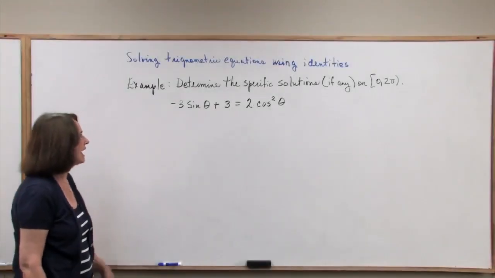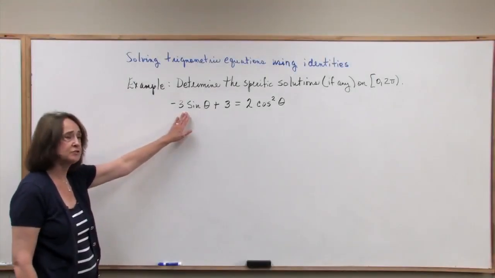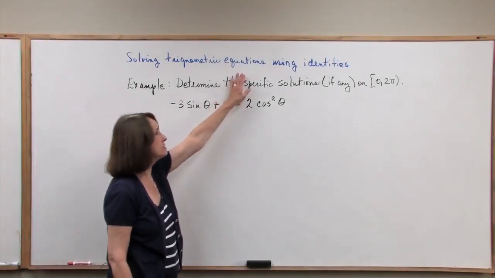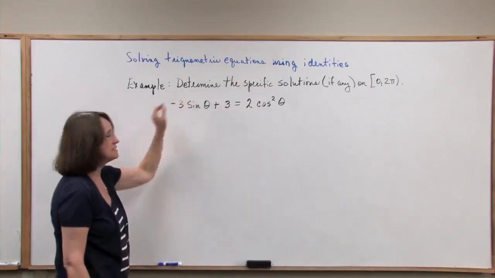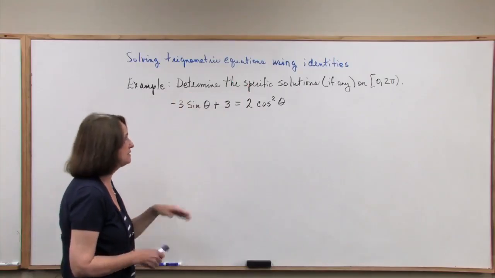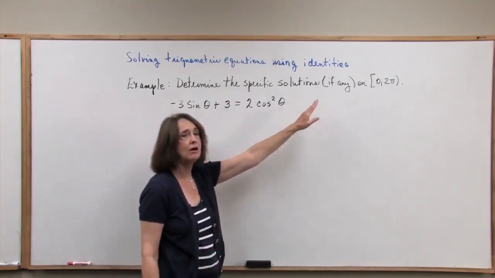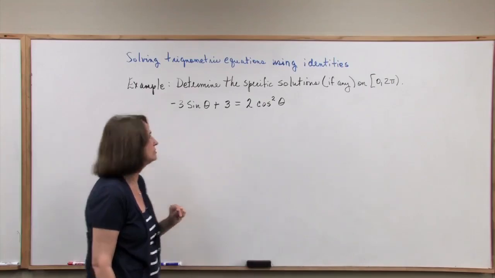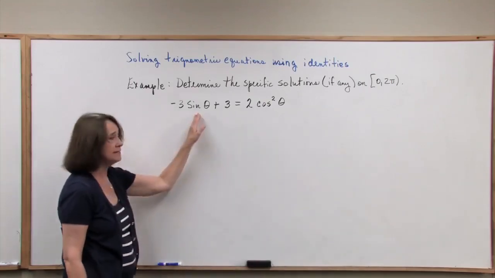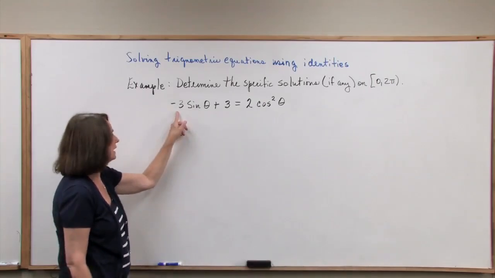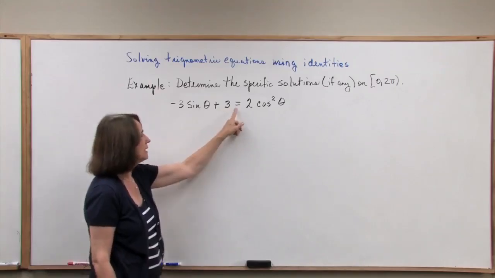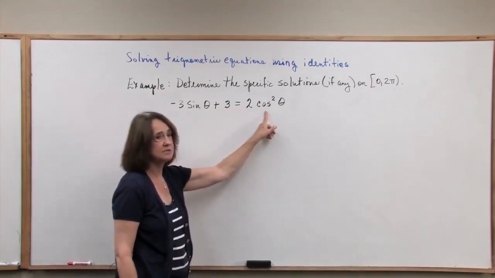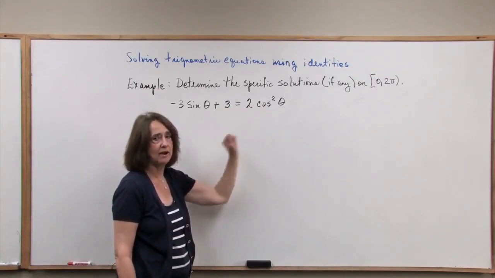We're going to look at an example of a trigonometric equation that we will solve using identities. Our directions tell us to determine the specific solutions, if any, on the interval from 0 to 2 pi. And our example reads, -3 times the sine of theta plus 3 equals 2 times the cosine of theta squared.